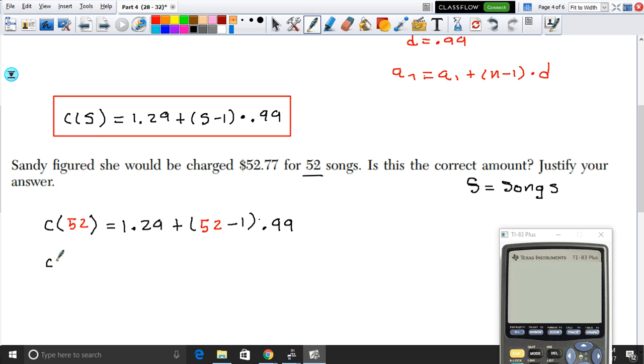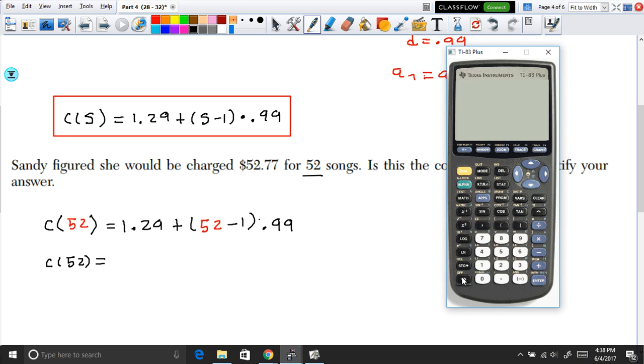So it means that the cost of 52 songs is equal to, well, let's see what this is. So 1.29 plus parenthesis 52 minus 1. I'm just going to plug in 51 times 0.99.